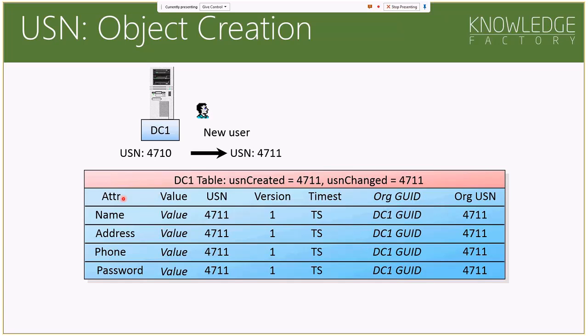We have populated these attributes. They have a value. Each attribute has a USN number associated to it. We have a version number, timestamp, originating GUID, which is where I actually created it. Since it was in DC1, it's the DC1 GUID, originating USN 4711, which corresponds to that.